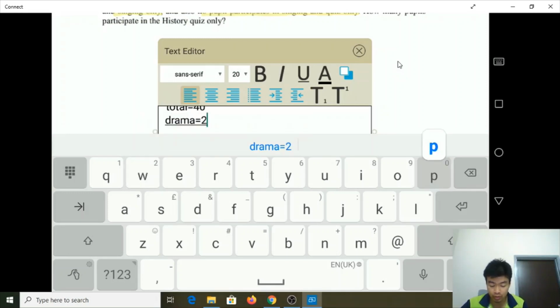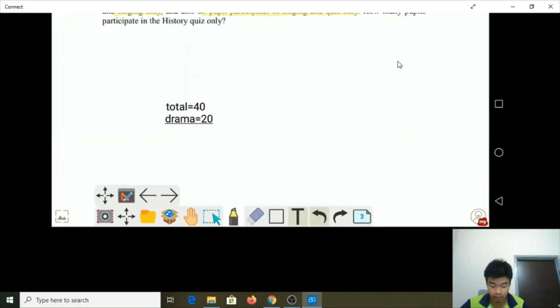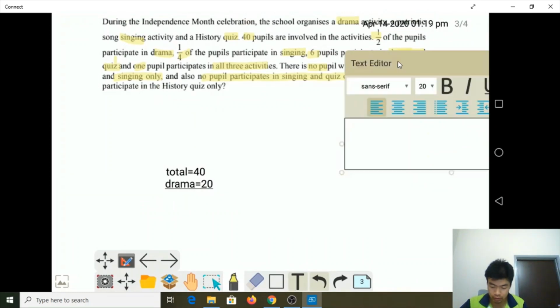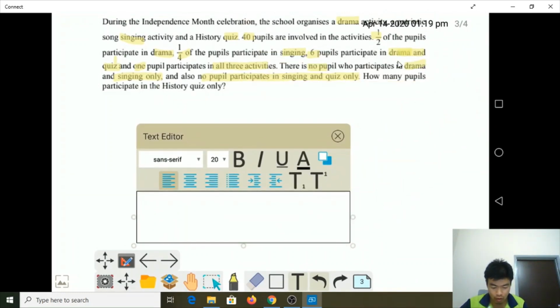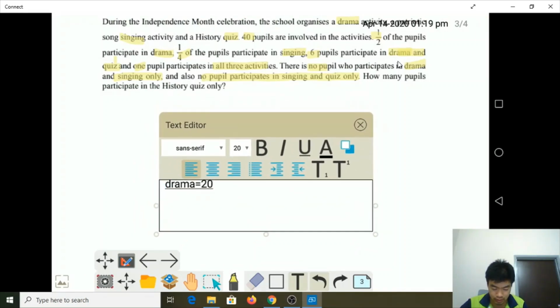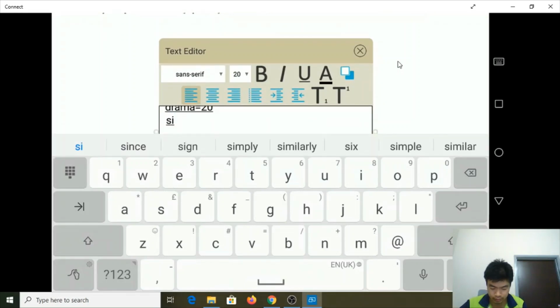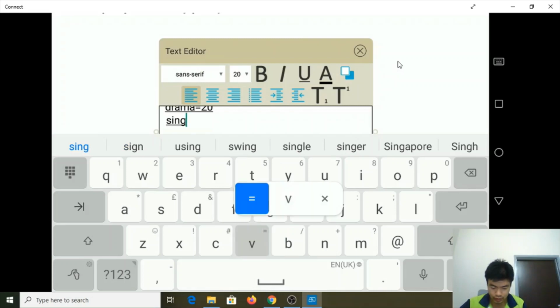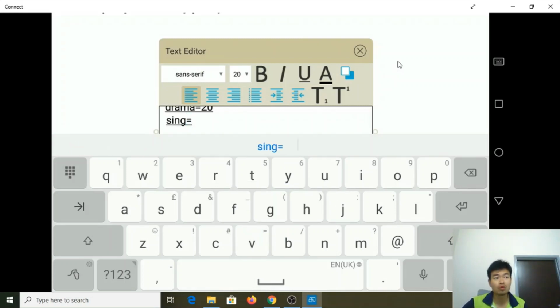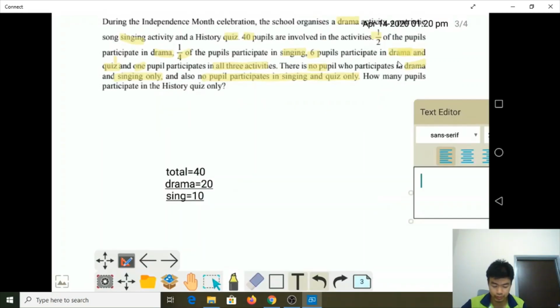Next one. 1/4 of the pupils participate in singing. Let's go singing. 1/4 of 40 is 10, right? It's 10.